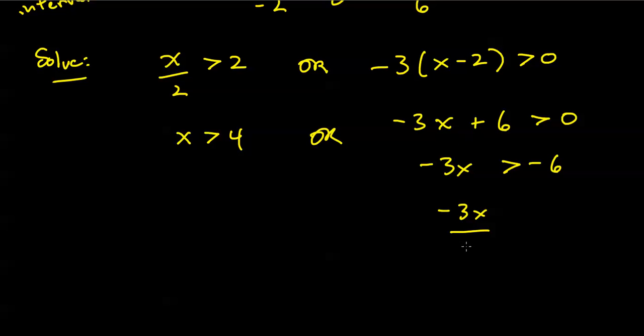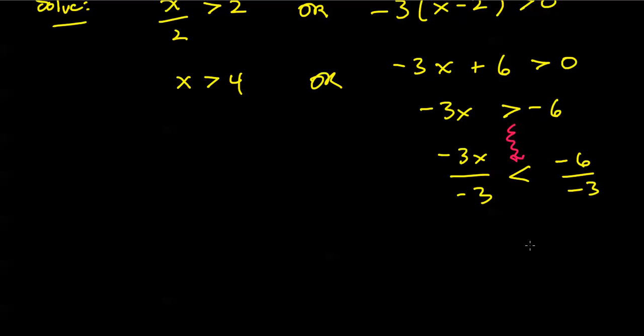And again, to clean up x on the left-hand side, I'm going to have to divide by a minus 3. And when you divide or multiply by a negative, you've got to reverse the inequality arrow. So minus 3x over minus 3, of course, reduces to x on the left, is less than 2 on the right.